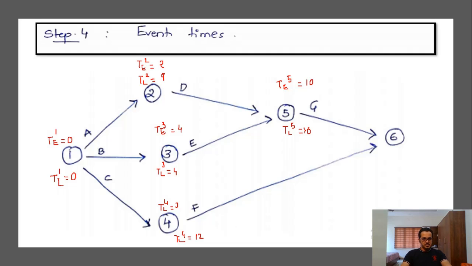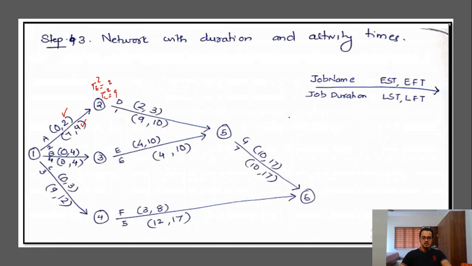There may be some confusion at this point, the fifth event, because when we check the activity times, there are several values. For example, there are two values of EFT. When we consider this event, we have this 3 here and this 10 here.